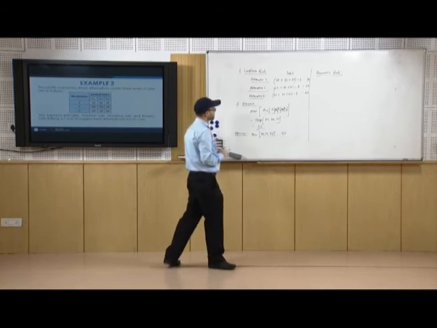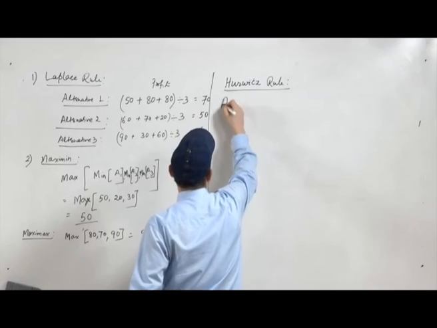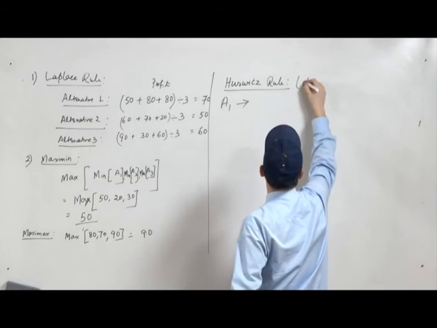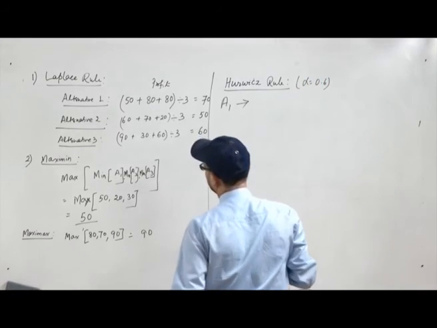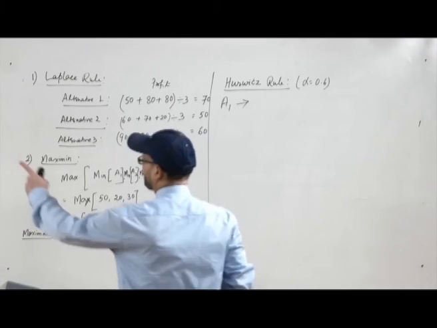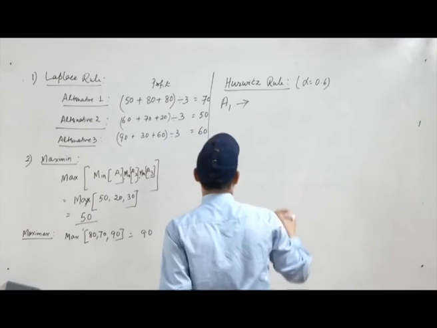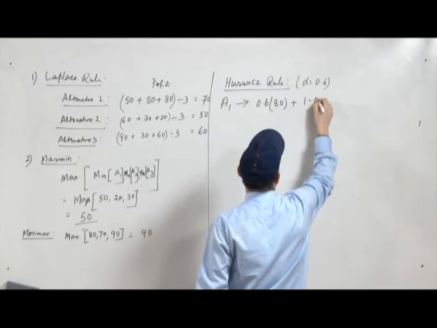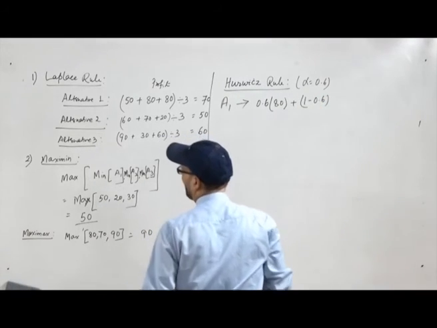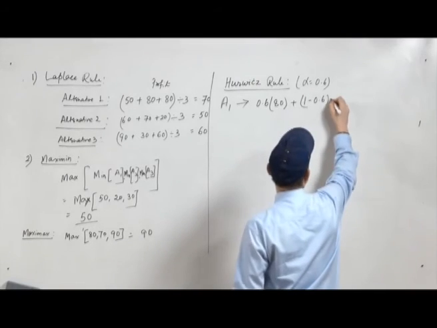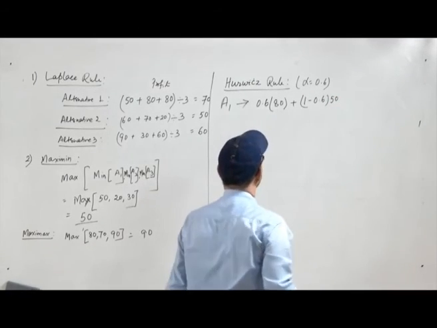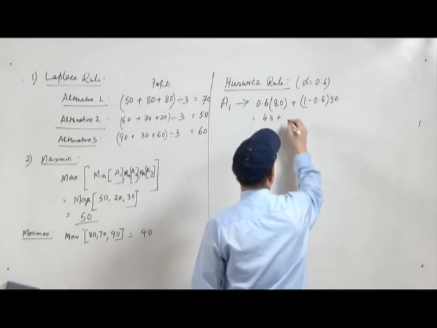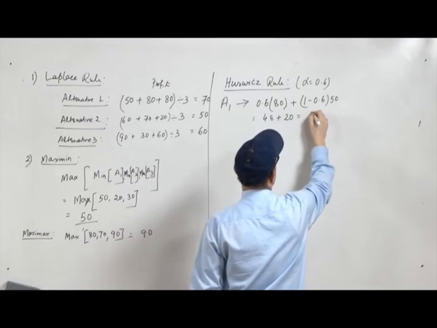So, for alternative 1, alpha is given as 0.6. The maximum value is 80. So, it will be 0.6 multiplied by 80 plus 1 minus 0.6 multiplied by the minimum value, that is 50. So, it will be 48 plus 0.4 into 50, that is 20, so it will be 68.